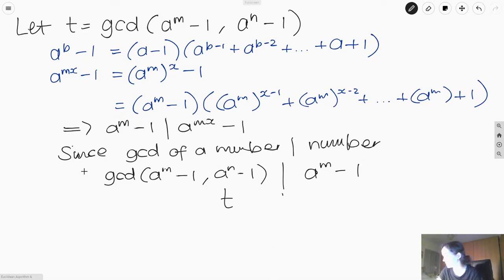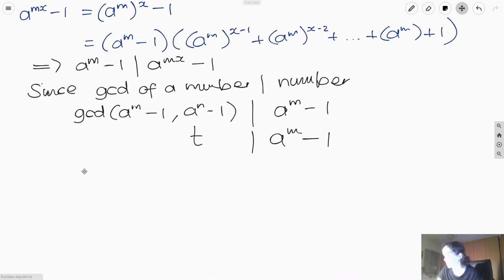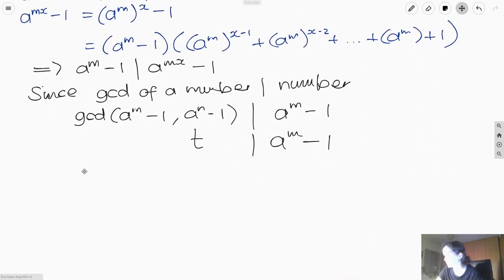So t divides a^m minus 1, which means that t divides this whole expression. So now we have that since a^m minus 1 divides this, t is going to divide a^(mx) minus 1.